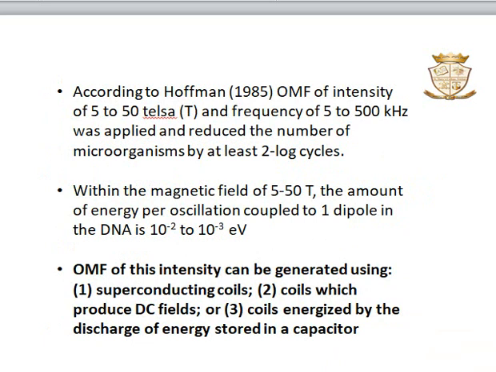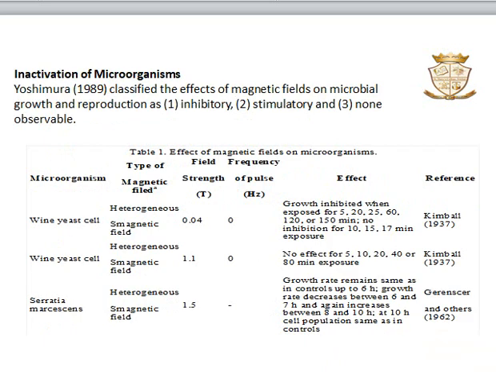And also, within the magnetic field of 5 to 50 tesla, the amount of energy per oscillation coupled to one dipole in the DNA is 10 raised to minus 2 to 10 raised to minus 3. OMF can be generated by superconducting coils, or coils which produce DC fields, or by coils energized by discharge of energy stored in a capacitor.